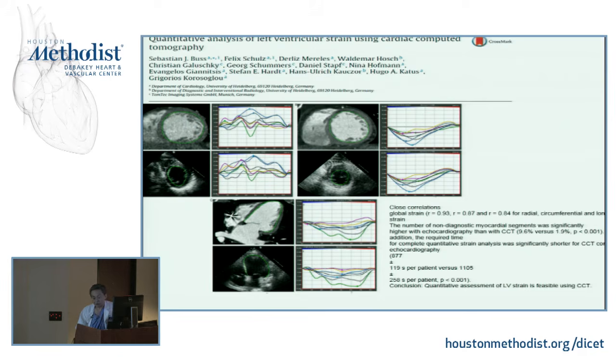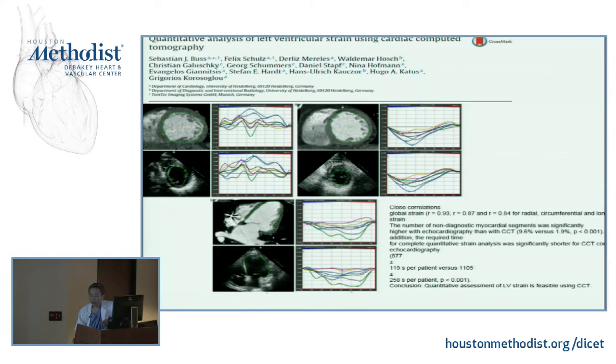actively with strain imaging. We're interested in this not because we want to do strain routinely in CT patients, but for instance, patients with LVAD, a population we're very interested in, especially for RV function assessment.